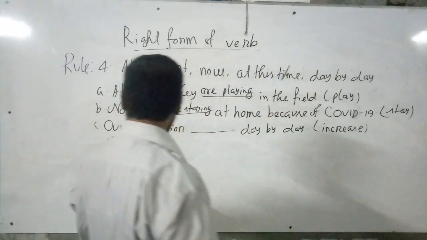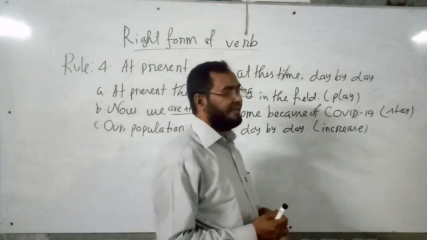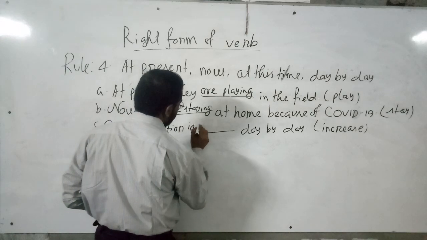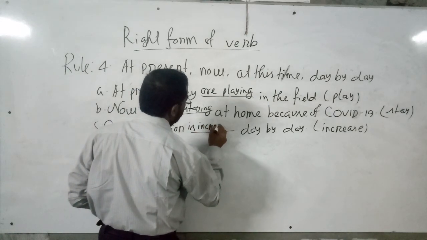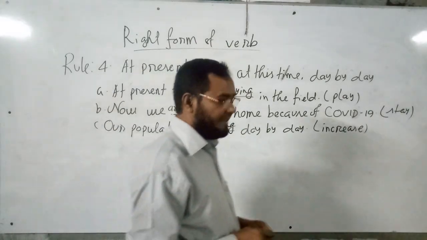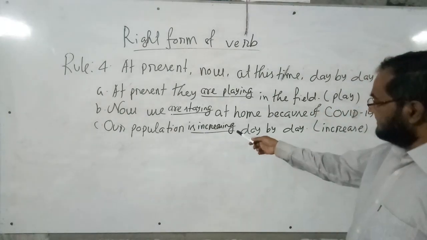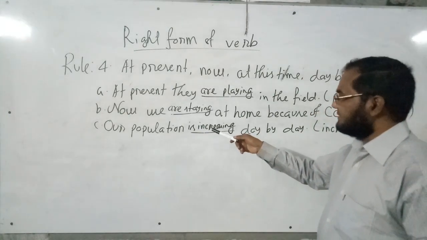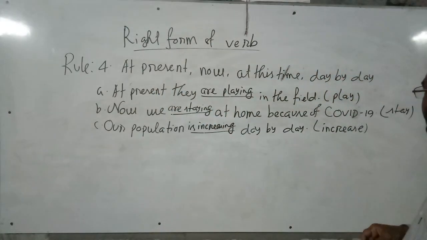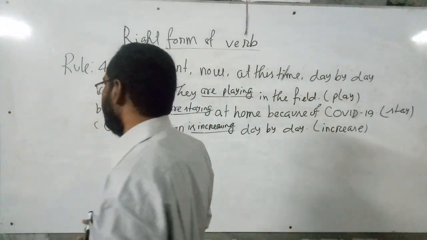Our population dash day by day. The verb is increase. Our population is increasing. Our population is increasing day by day. Whenever you find such words in a sentence, I repeat, words like at present, now, at this time, day by day, the verb will be present continuous tense.